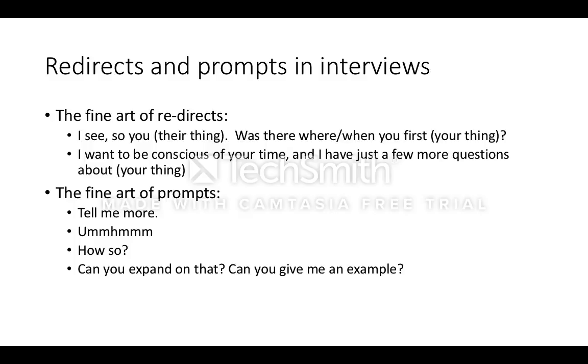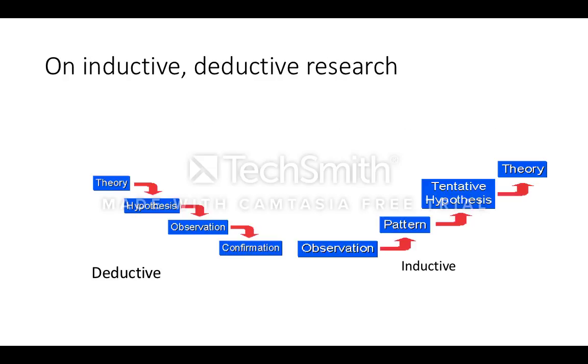We also use a lot of prompts and redirects. Can you expand on that? Can you give me an example? Help me understand more, etc. As we've talked about, research can be inductive or deductive. And the mnemonic I always use is inductive begins with a vowel, as does observation.